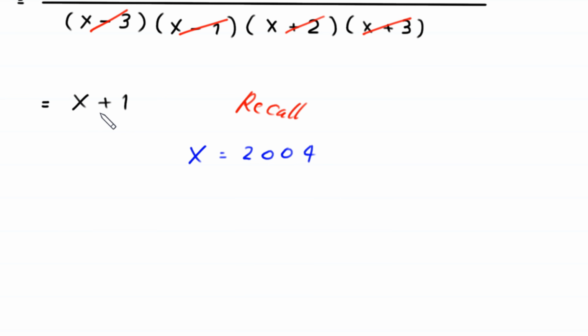So this expression will become 2004 plus 1, and this is equal to 2005. So this is the simplest form. This is the final answer of this problem.